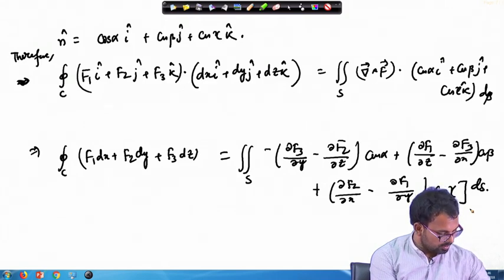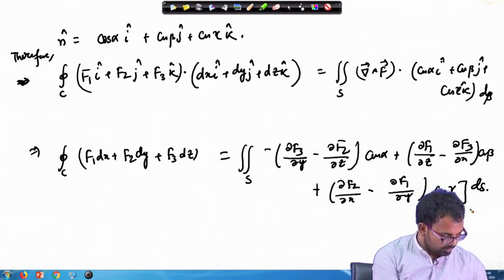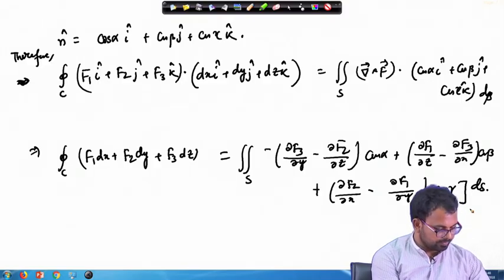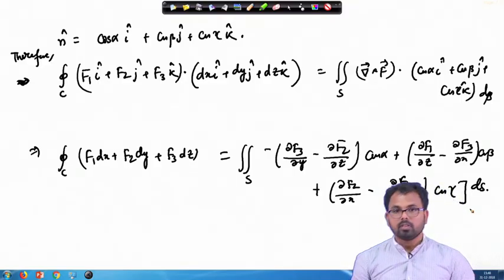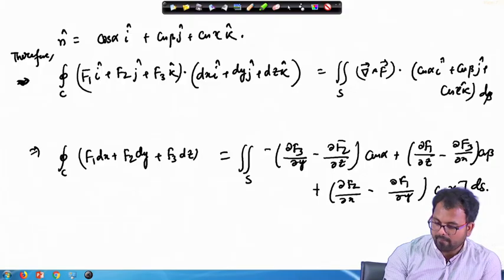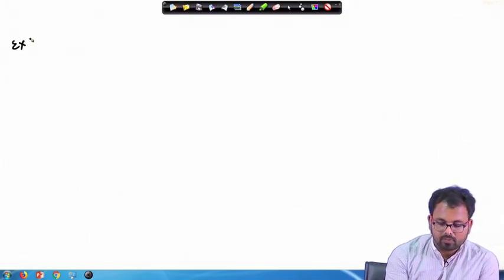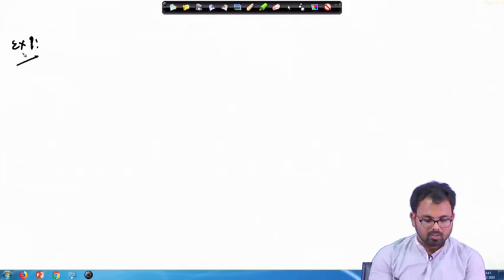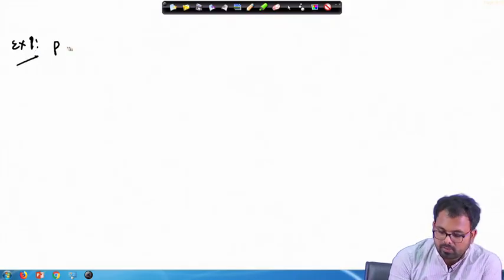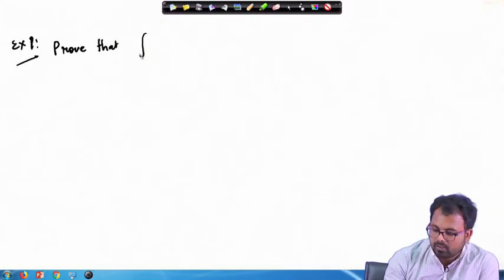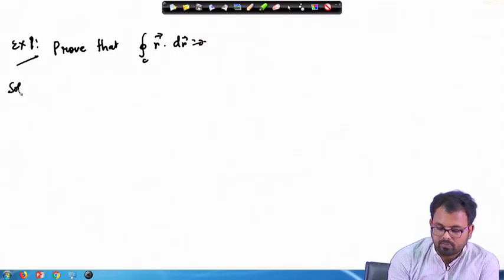So, let me just try to find out. Okay. So, here I have some examples. Example 1: prove that the line integral of r dot dr equals 0.